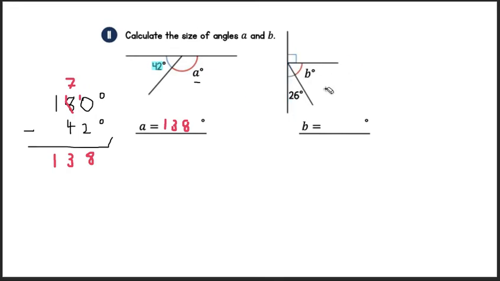There's two angles that I need to find. Now this one is really easy. Remember we said whenever there's that square, we know that that angle is 90 degrees. So what we need to do is add 26 degrees and 90 degrees together. Take that away from 180 degrees and that will give us B. I'm sure most of you can do this in your head, but I'm just going to do it like this so it's really clear.